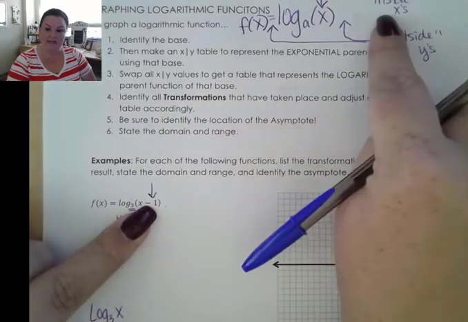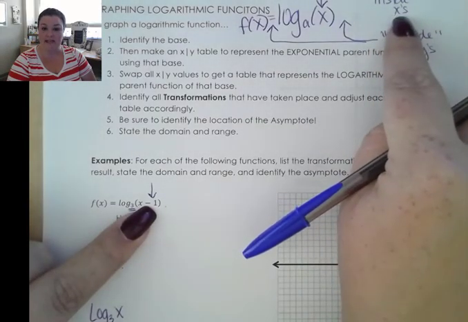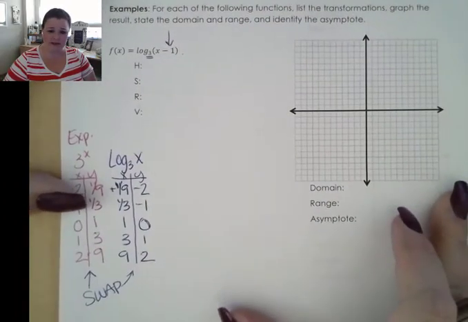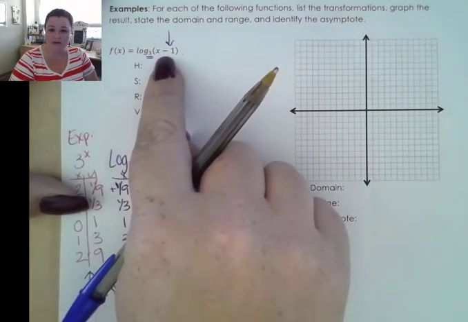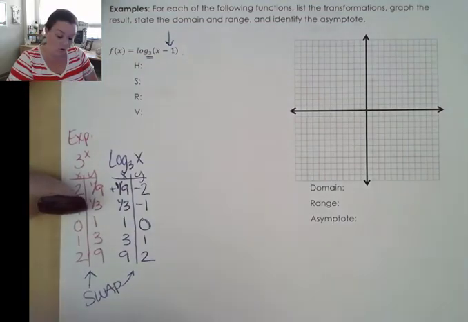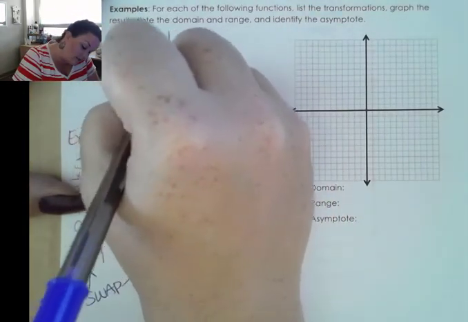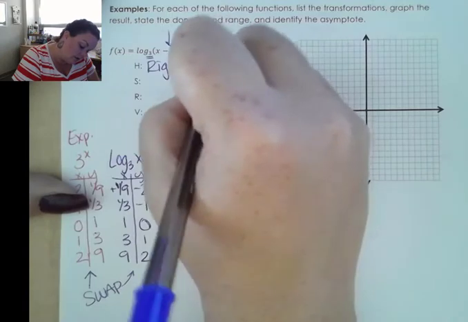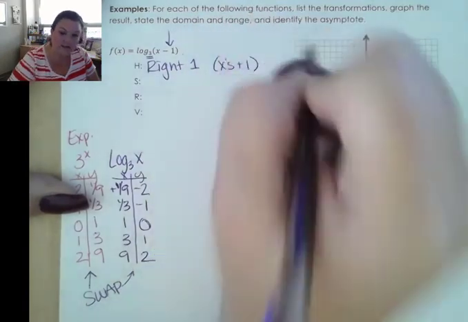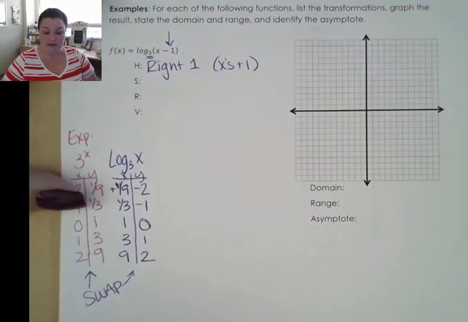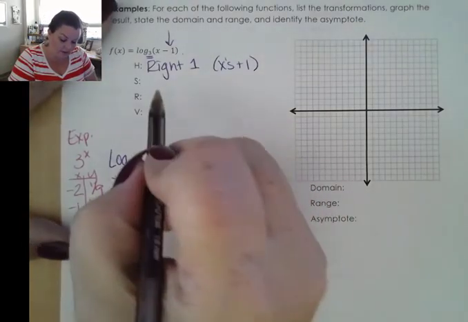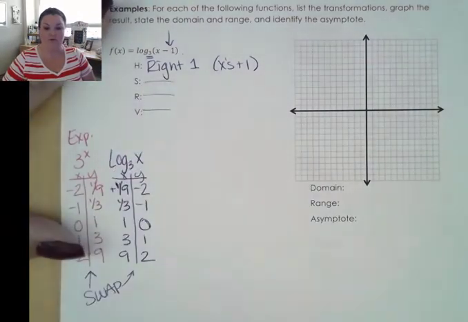So if it's inside the parentheses, we know that's affecting the x's, right? X's are opposite from what we think. So if it looks like we're subtracting one, that's actually going to move us horizontally to the right 1. So we're going to take all of our x's and add 1 to them. And that's the only shift we have on this one. So no stretching, no reflecting, no vertical shifts.